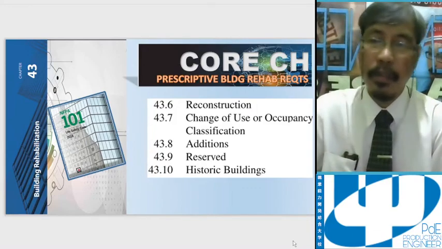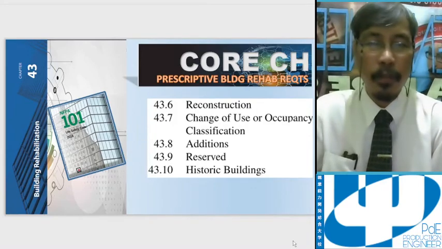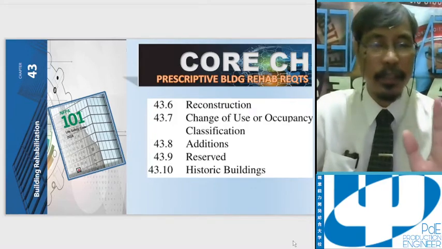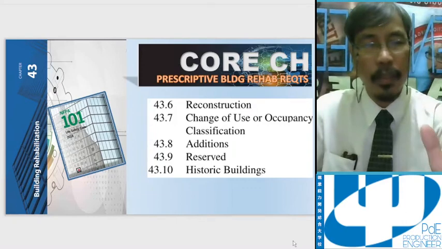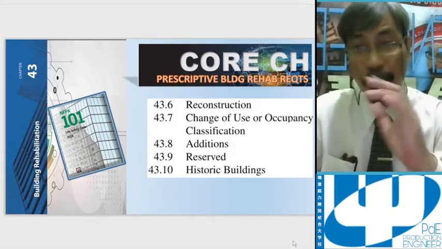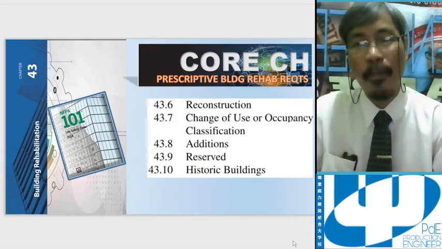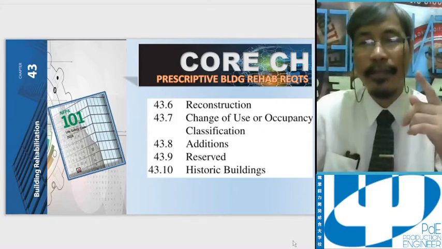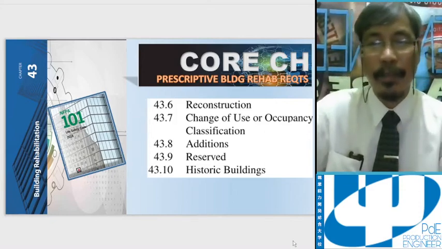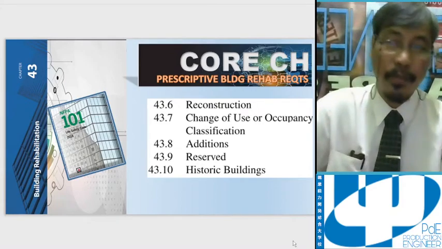Let's notice that it's very easy to take a grip of this building rehabilitation because it is composed of what? 3Rs, 1M, 1A, and historic buildings, plus the change of use and classification.